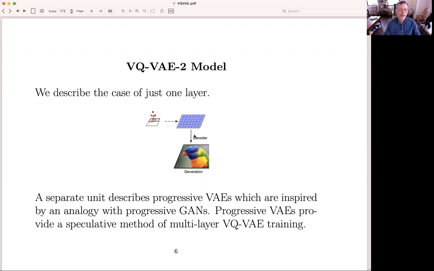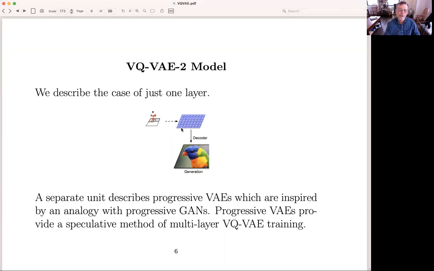So the single layer generator, just to review what the model is, is an autoregressive prior over a symbolic image. We generate the symbolic image, and then these symbols are embedded. They have vectors associated with them.